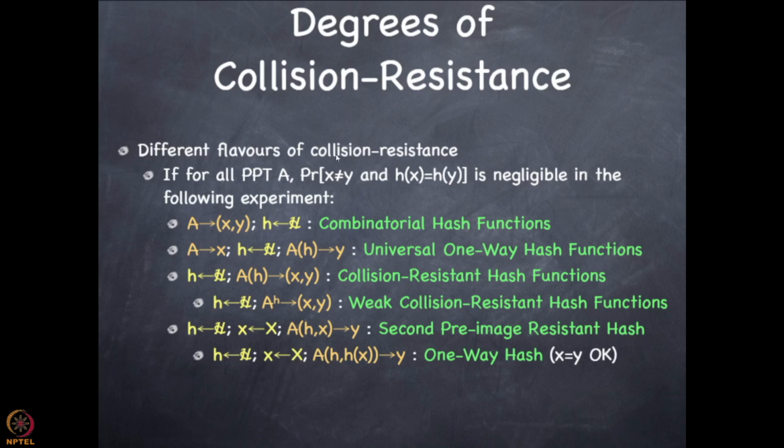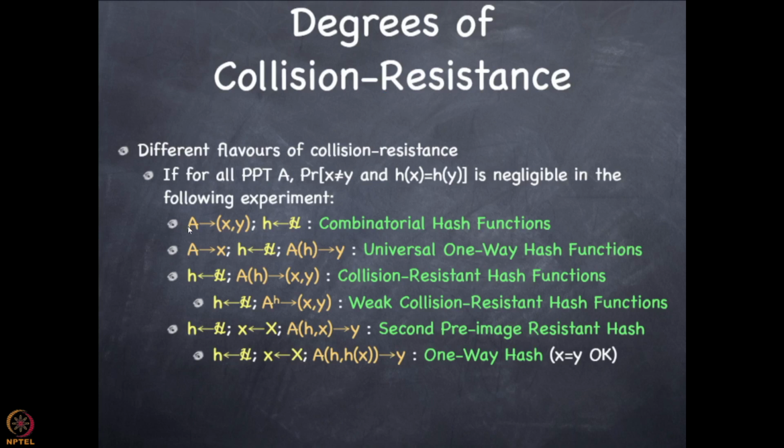Two inputs x and y, typically distinct. We'll require them to be distinct inputs x and y, which hash to the same value. Of course, that's what a collision is, right? You want two inputs that hash to the same value. We are not specifying at this point what value. We'll see in these definitions when we put a restriction on that.